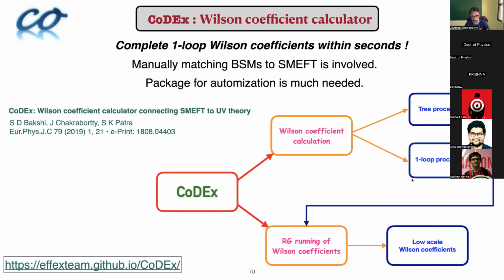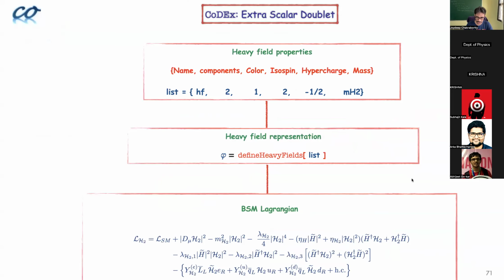That's why you have to perform the running of those effective operators, and this program also has the provision to run them down to the low energy scale. Starting from integrating out, run them down to the electroweak scale, you get all the operators in the process. So now let me give you a tentative idea of how this works.